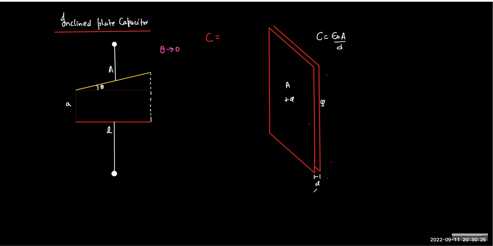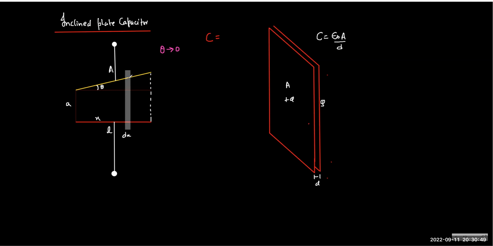Now the question is how to convert every question into a parallel plate. What you can see in this problem is that the separation will keep on changing as you move from left to right, isn't it? So what if I take a small piece of it, and I call this x and this dx.